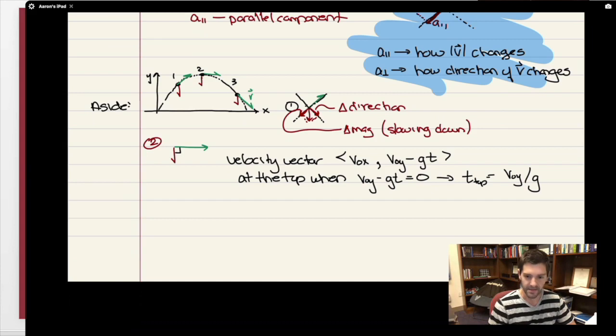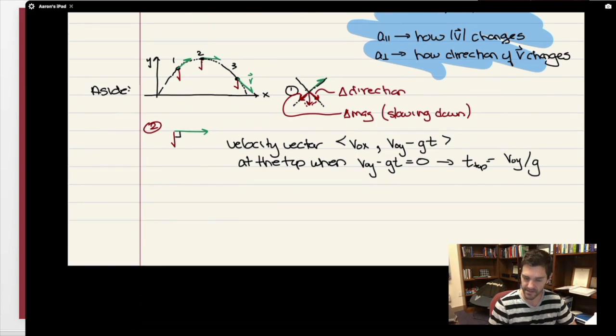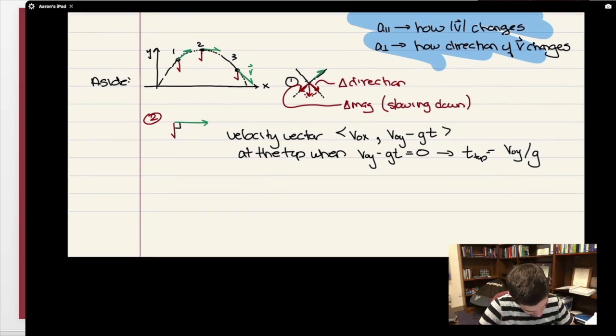But I could ask, again, the claim here is that since they're perpendicular to one another, the magnitude of the vector is not changing. What is the magnitude of velocity? Speed. So I could calculate, for example, what is the speed in general? And that's not too bad because I have the velocity vector already written out.